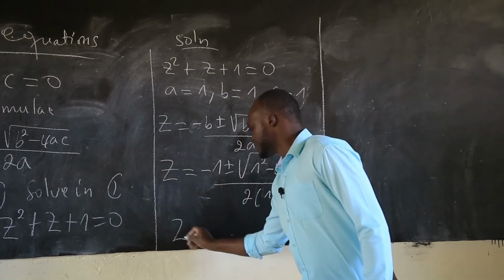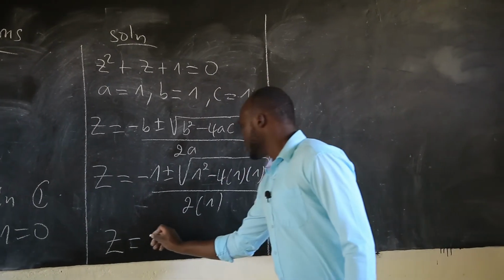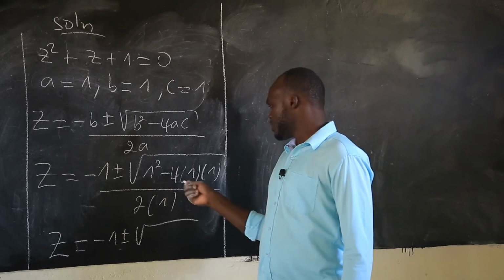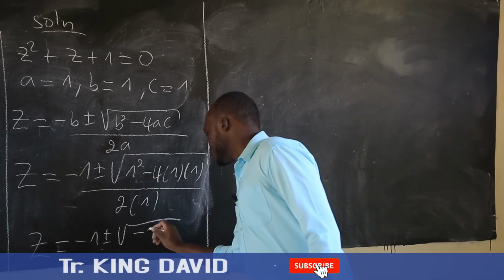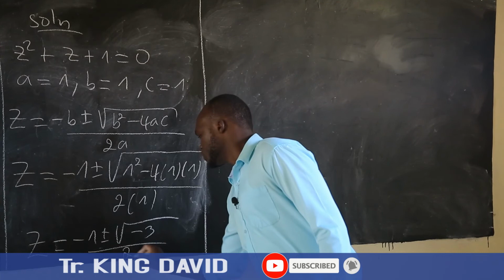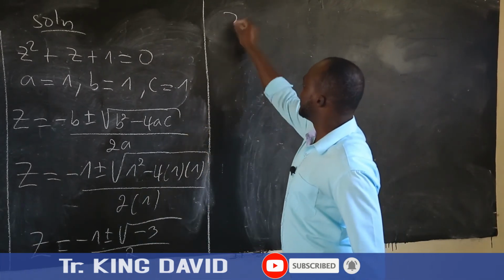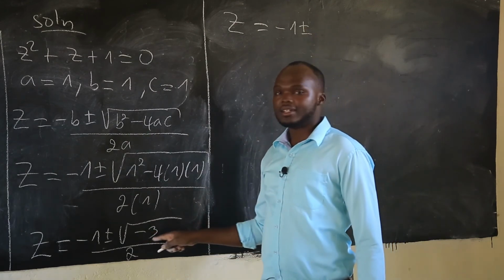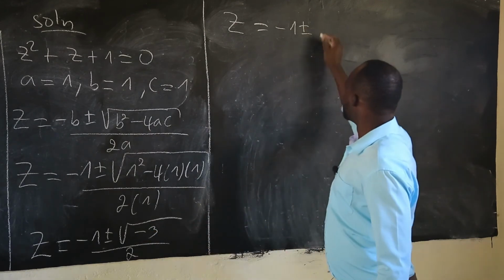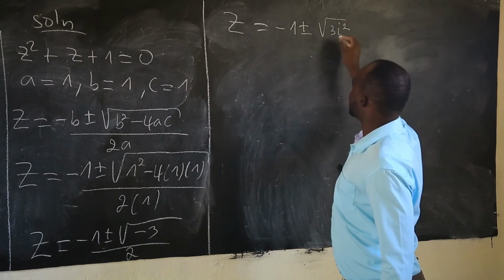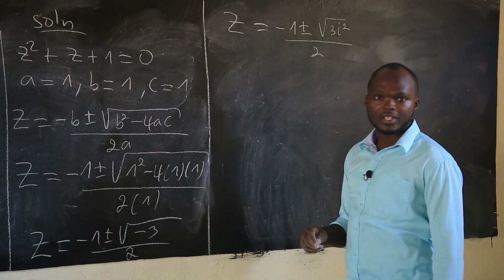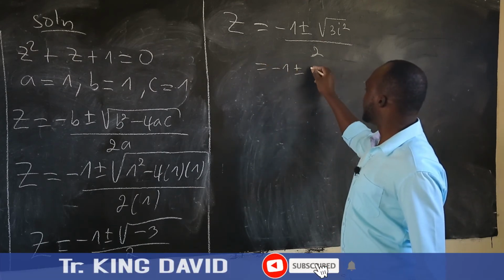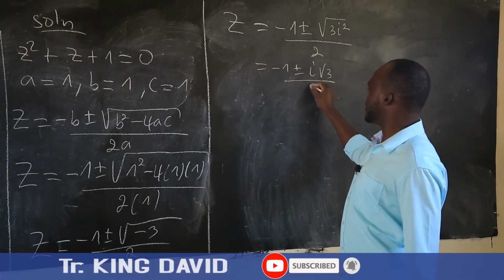So our z is negative 1 plus or minus root of 1 minus 4, that is negative 3, divided by 2. Remember, negative 1 equal to i squared. That is root 3i squared over 2. So the square root of i squared is i. So this is negative 1 plus or minus i root 3, over 2.